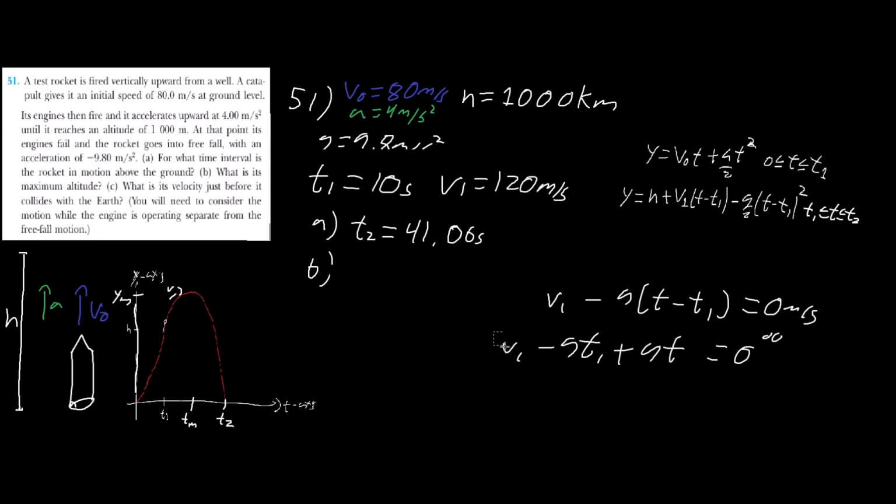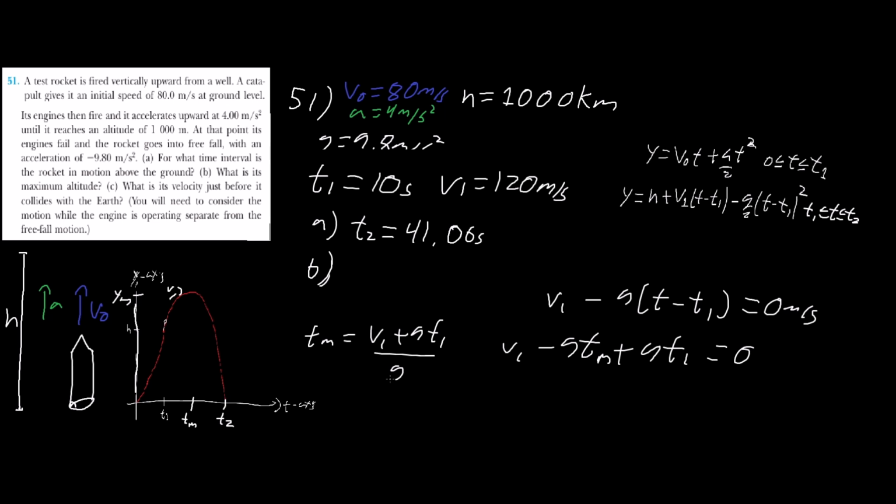I wrote down the final answer regardless. So the time it takes for it to reach the maximum: this is T1 and this is T max. So T max is going to be v1 plus g t1, divided by g. There we go. Beautiful.